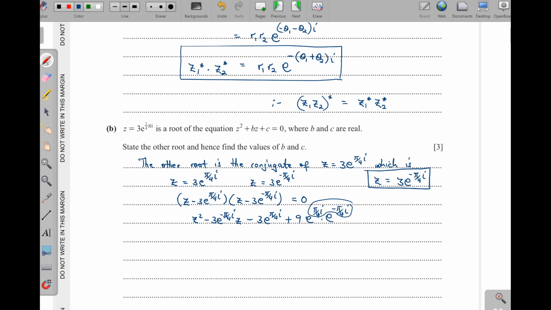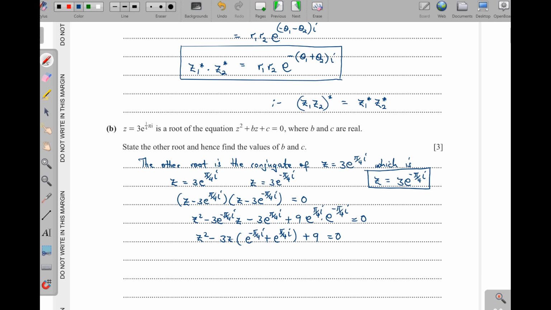We are going to add these powers, then these ones will cancel out, not so? And then we get e power 0. So that means we are going to have z squared here, then minus 3z is common, and then we are going to have e power negative pi over 4i, and then plus e power pi over 4i, not so? Then plus the 9 here, which is going to be equal to 0.